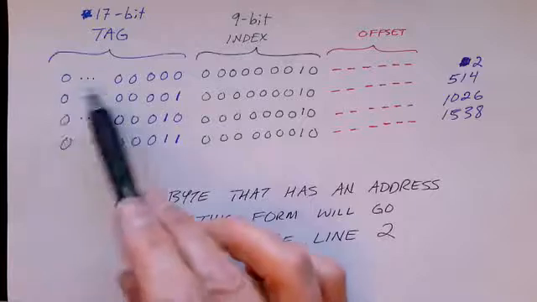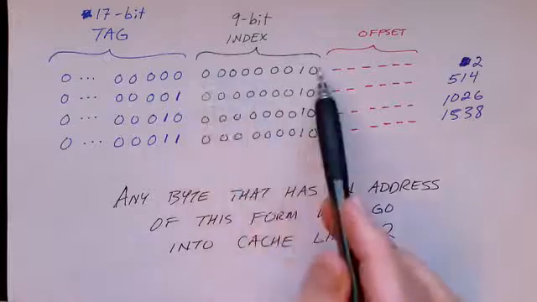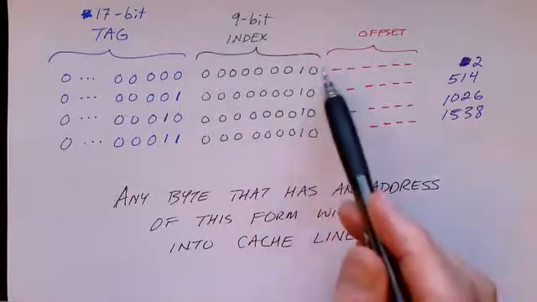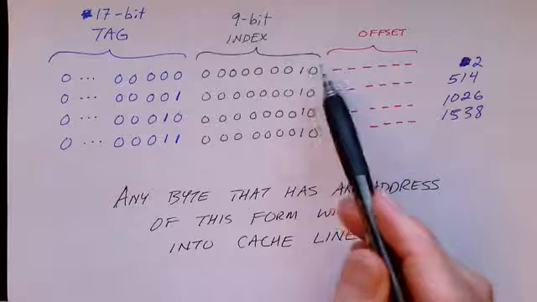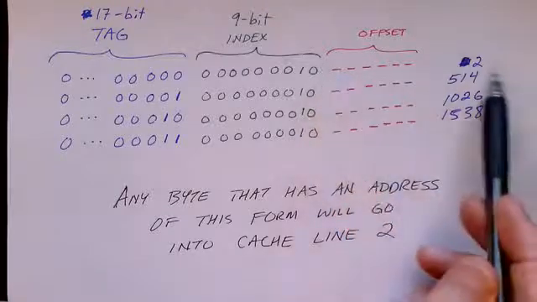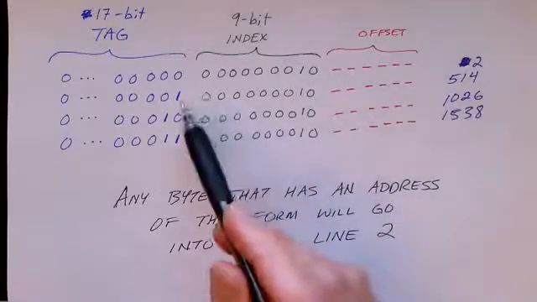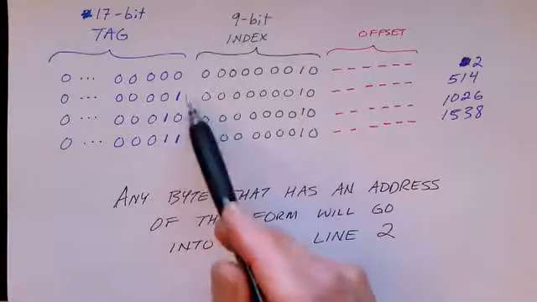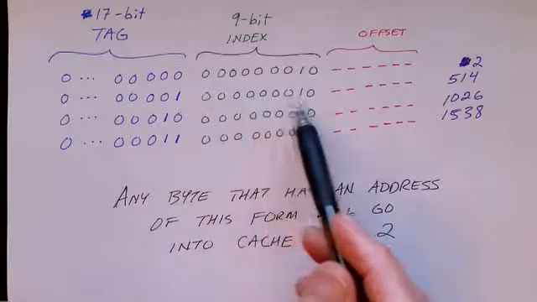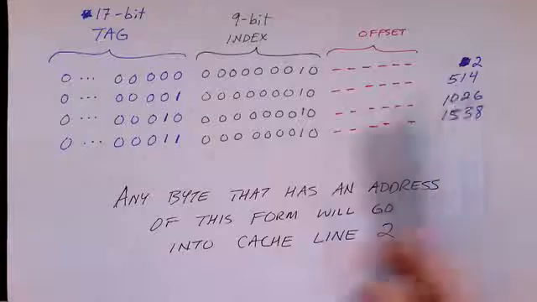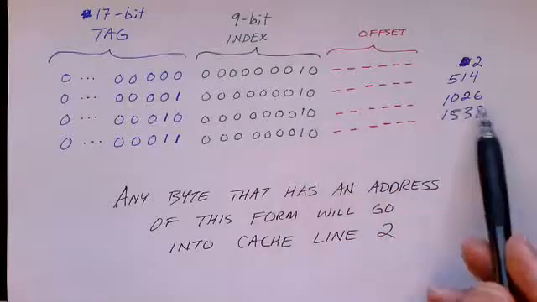All addresses that start with these 17 and 9 bits, in other words, that start with these 26 bits, will map into line 2 of the cache. And so these are coming out of the second block in main memory. Okay, 10 is 2. And as we change the tag values, if you look at this in binary, the number 10000000010 is 514, and this number 10000000010 is 1026, and so on.